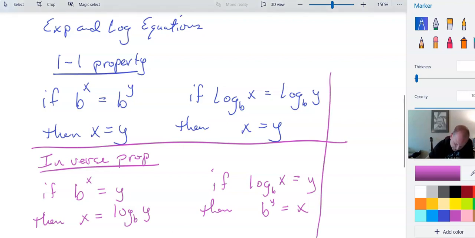Yeah, so we'll just look at it with the exponential here. If I have b to the x equals y, what we're actually doing is taking log base b of both sides.